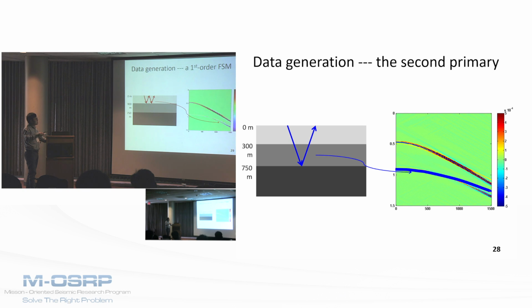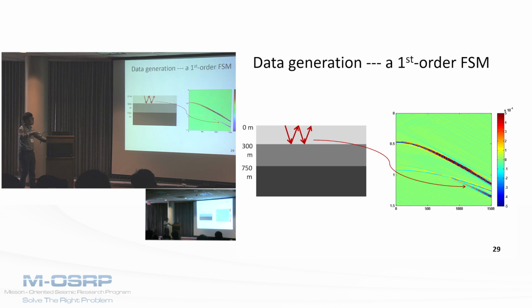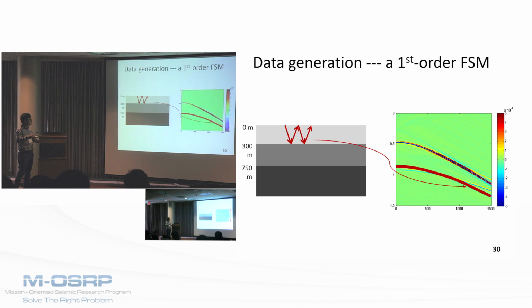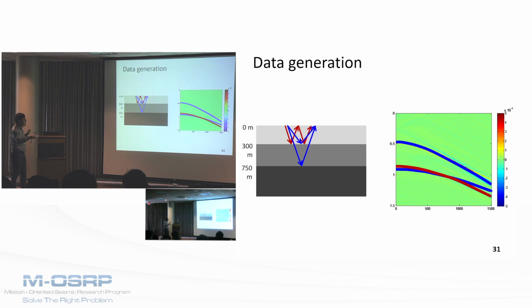And then we generate a first order free surface multiple bouncing between the first layer, highlighted by this red. And we can see the two green lines represent the primaries, and the red line represents the free surface multiple.